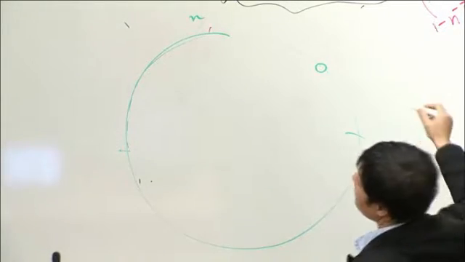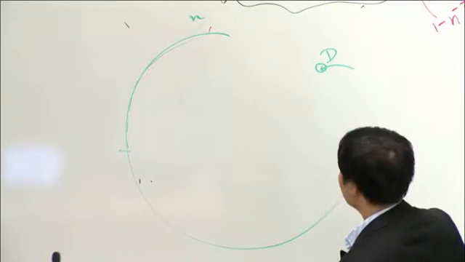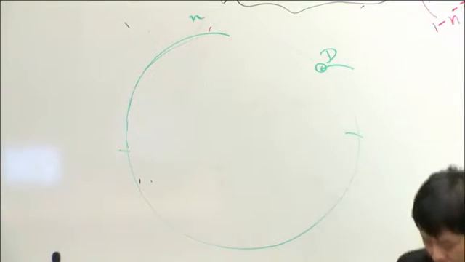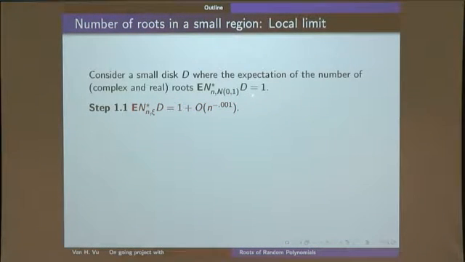Now we look at some region D which is really small, where we expect, in expectation, to see say 1 root. We are going to prove that if in the Gaussian case we expect to see 1 root in D, then if we replace Gaussian by, say, Bernoulli, we will have more or less the same expectation. And this is true not only for the first correlation function, it's true for any fixed correlation function. But I will not mention that.